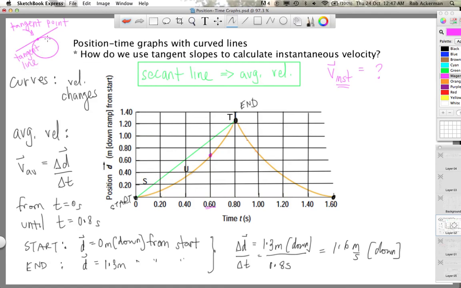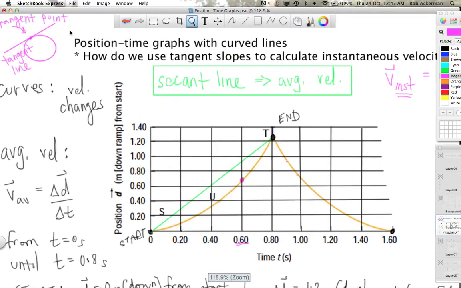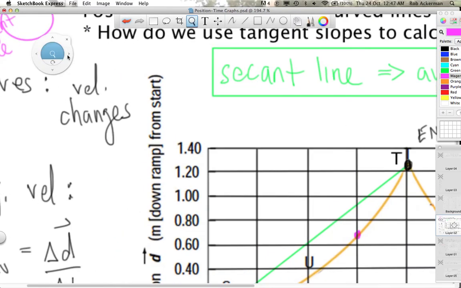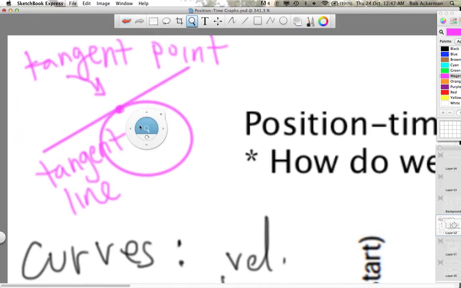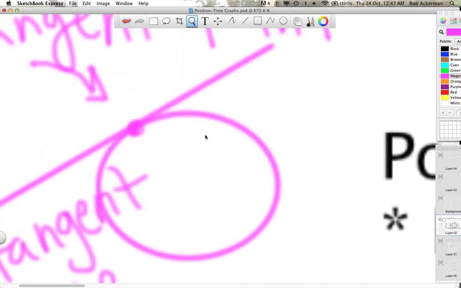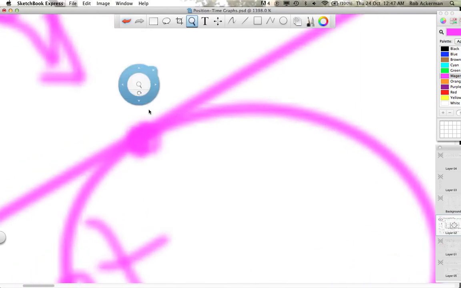Now, what does a tangent line do to help us find velocity here? Well, look at this. If I zoom in, and I'm going to zoom in a lot here, I just want to quickly make the point to you that when you zoom in a lot to a curve, take a look at this. The tangent line and the curve are kind of the same just near the tangent point.